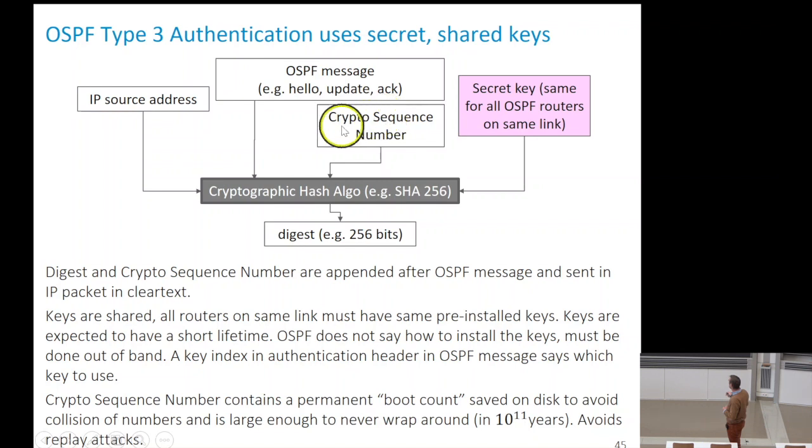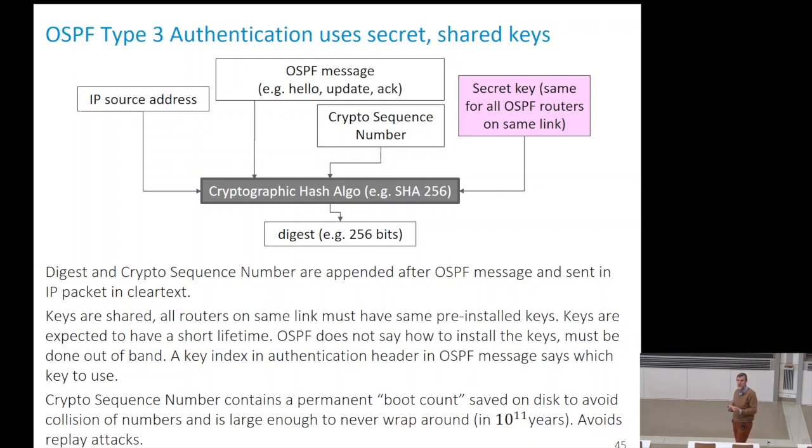Small detail: this cryptographic sequence number contains a part that survives crashes. What happens with routers or with servers in general is that it's quasi impossible to have a server that will work for 3 years without ever rebooting. Right? So you will once in a while need to reboot it, or it will reboot for you because it will crash. So what do you do with the sequence number in such cases?